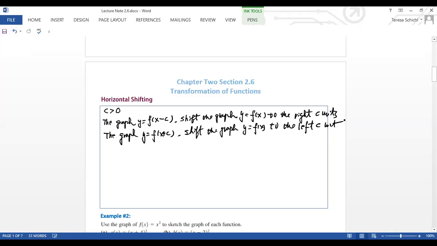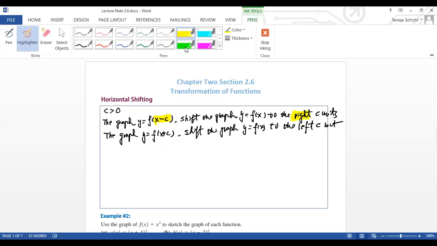So basically you want to see whether the shift is right or left. You set the expression inside equal to 0, then solve for x. Like this one, x is c, right? So that's why you shift to the right.